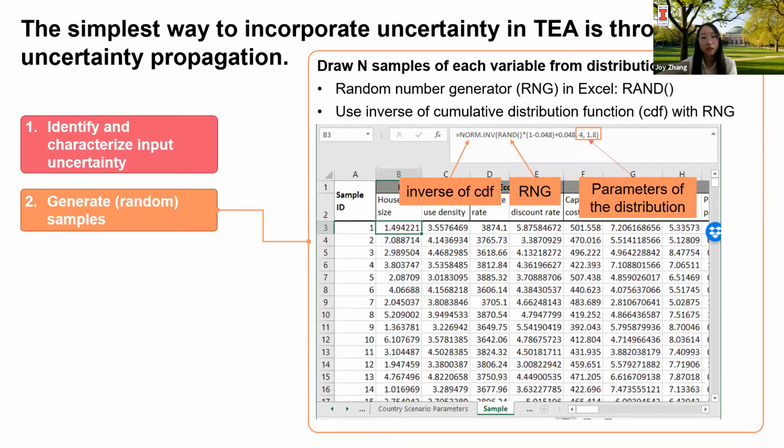We do that many, many times, and the number of samples we draw, n, is important here, especially when we have a long list of uncertain parameters. We would like to have this n large so that the sample we draw is representative of the input space. Next, please.